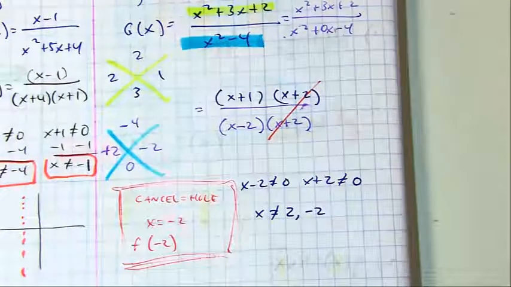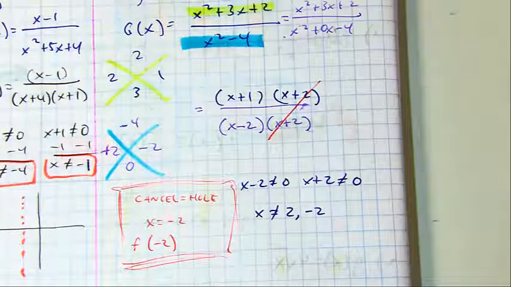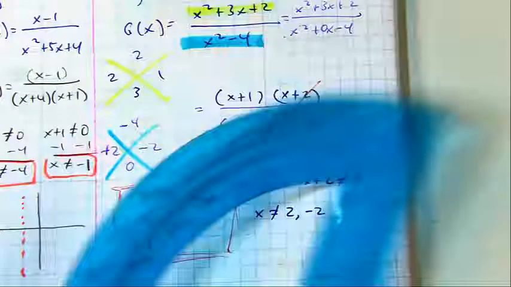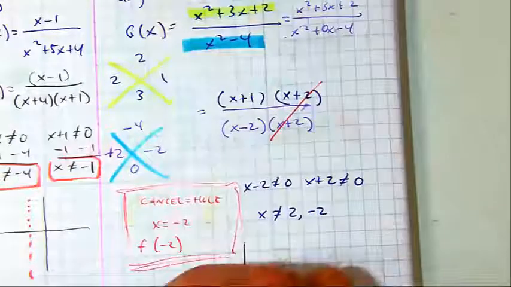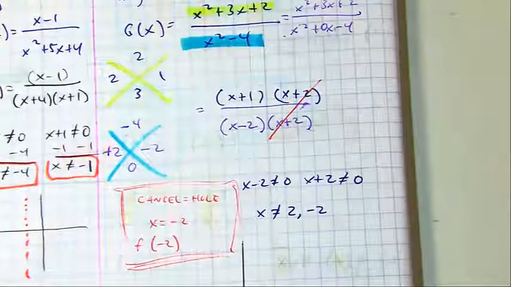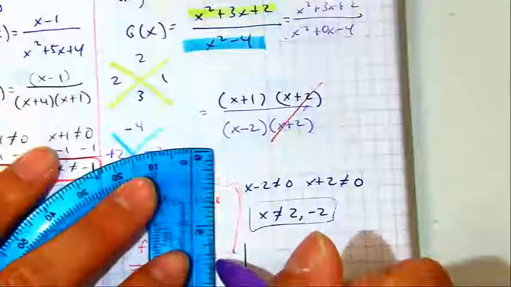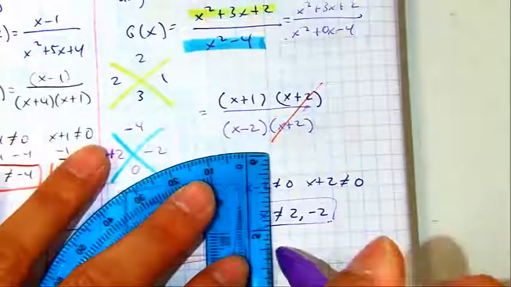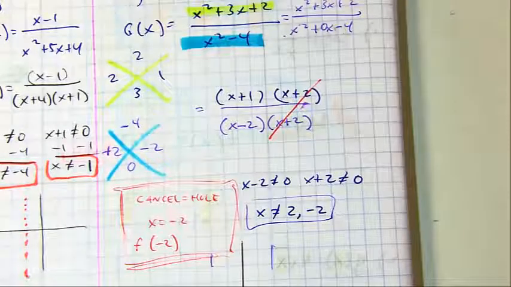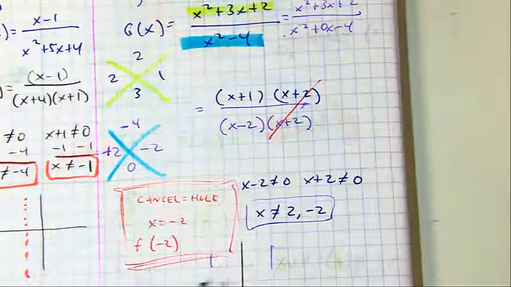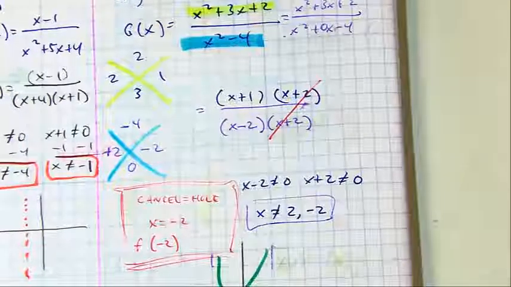So if you draw your graph, I just want to show you guys a visual. Wherever my graph is, I don't know, I'm just guessing. Let's just say it looks something like this.